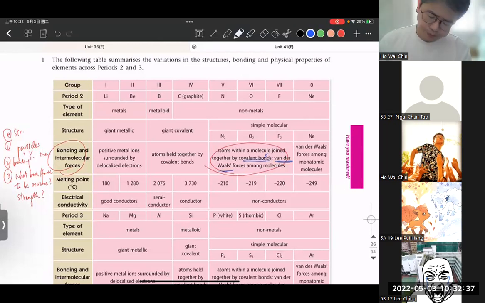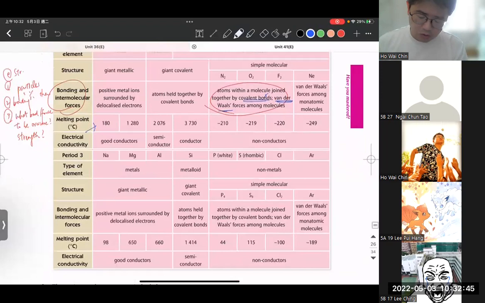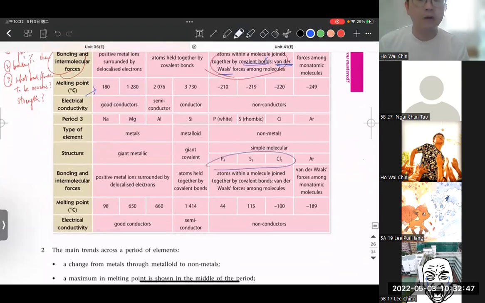Now, for the exact data of melting point and boiling point, you don't need to memorize, don't worry. But the form of the molecules in particular, you should memorize, especially these 3. Which would account for a very interesting shape of the variation in melting point. See, a simple ripple, right?